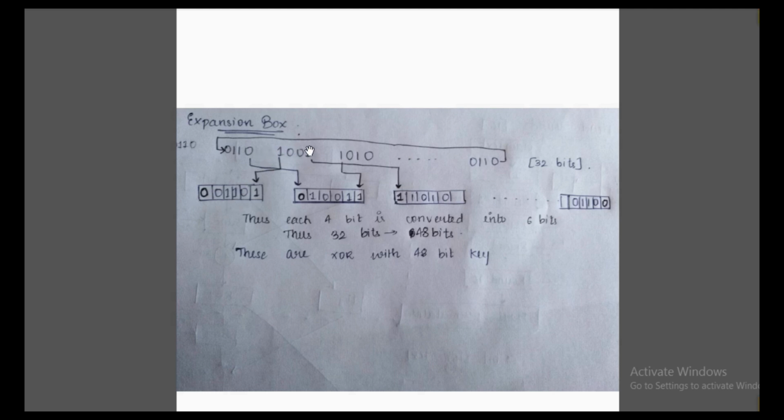Now we'll see how this changes into 6 bits, and I have already told that this 32 bits is divided into blocks of 4 bits each. Once it is divided into 4 bits, you can directly take these 4 bits and put them here, and after that you need to fill the first and the last bits for the 6-bit box.